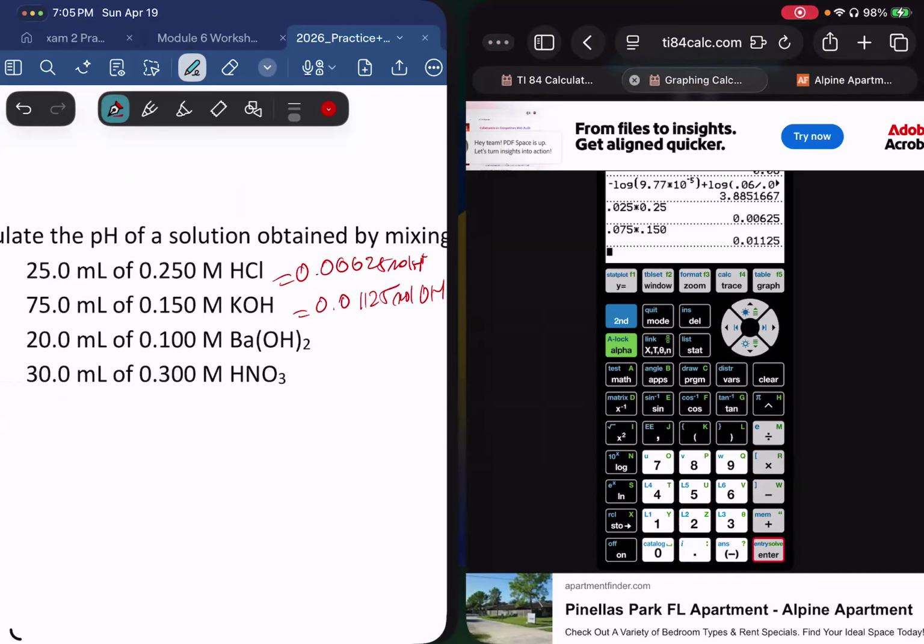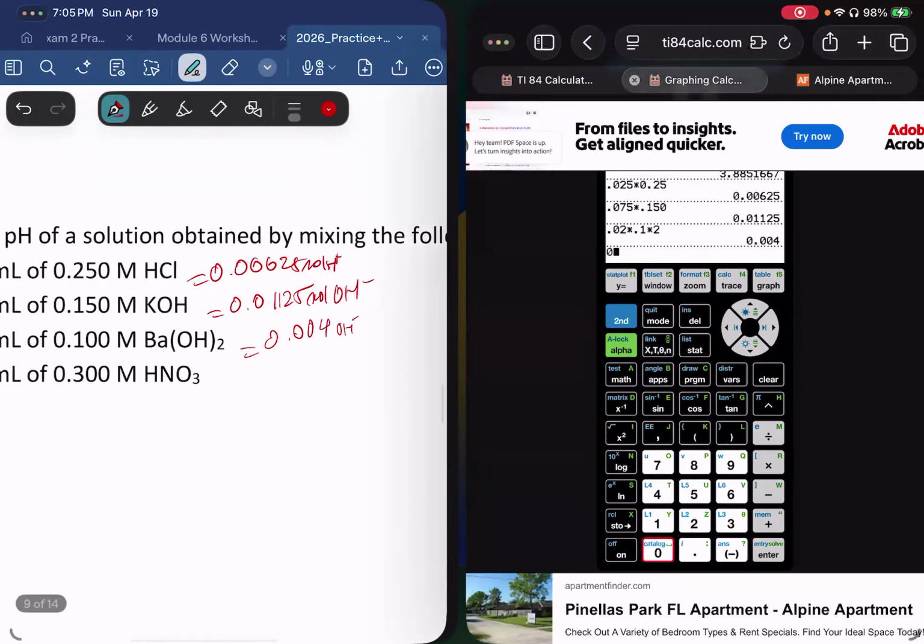Okay, everything looks good. Next one is 0.02 times 0.1, but barium hydroxide has two hydroxides, so you multiply by two. So that's 0.004 mole of OH minus.